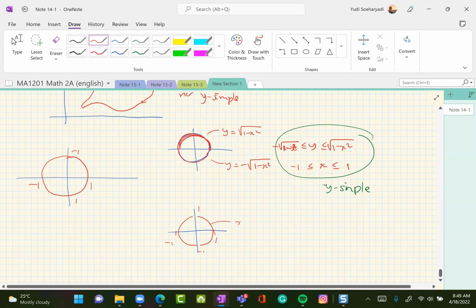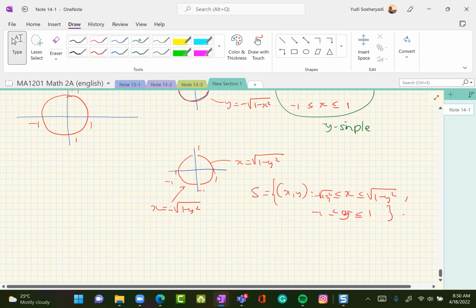In this case, this would be x equals the positive square root and x equals the negative square root. So in this case, the region would be x defined by these, and y between -1 and 1.